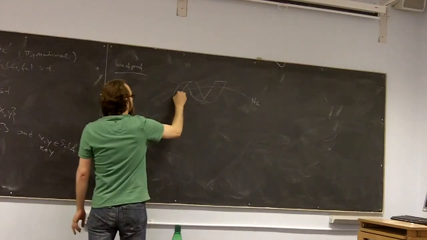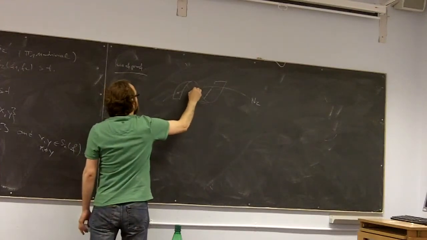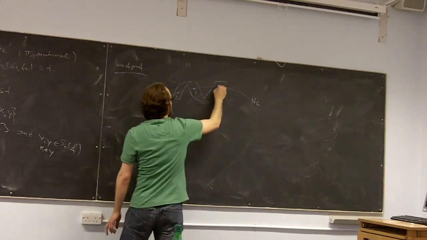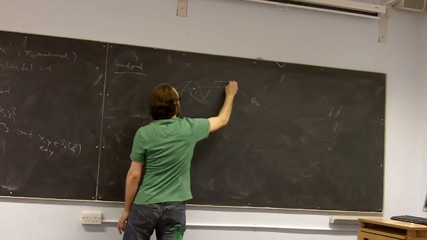So let this be one double point. So this is x, this is y, just might be something else. So this is N2 and this is N1.